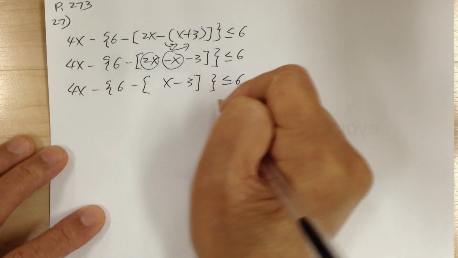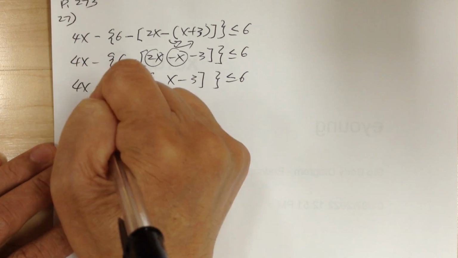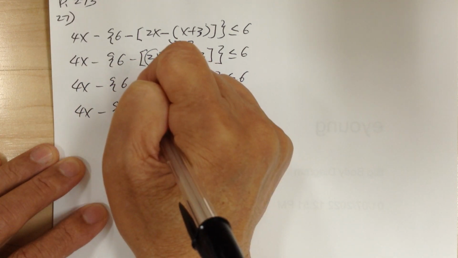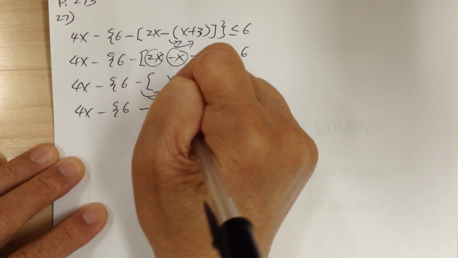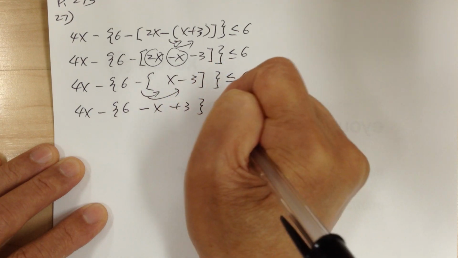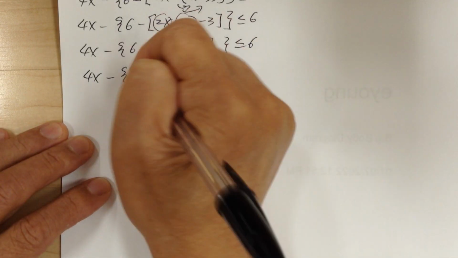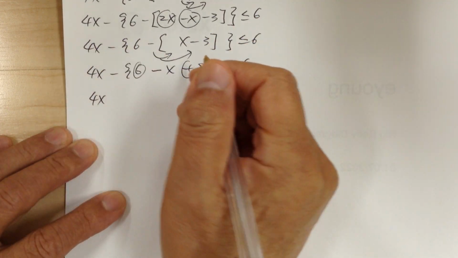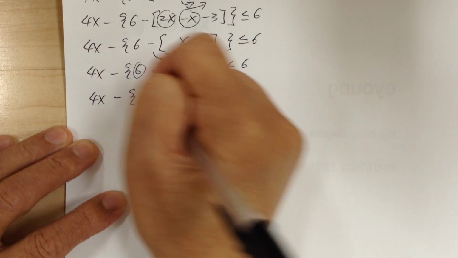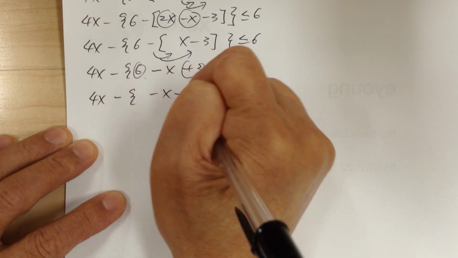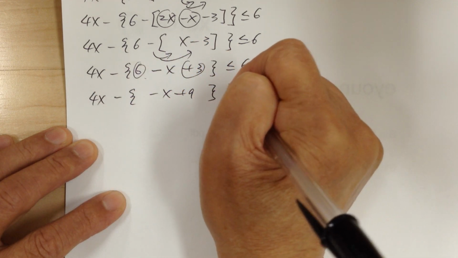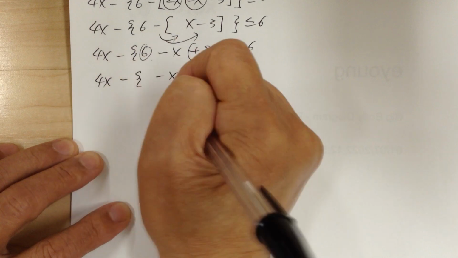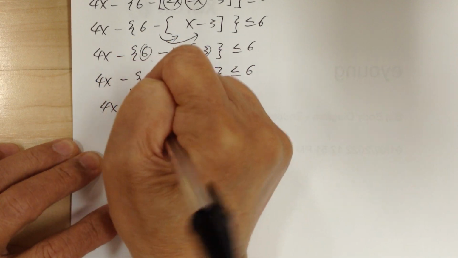Okay, the next is I'm going to get rid of the bracket. So on distribute, I get minus x plus 3. Okay, so again, I'm going to combine the like terms before I get rid of the braces, so it's not as messy. So this will give me negative x plus 9. Okay, now I'm going to get rid of the braces by distribute.